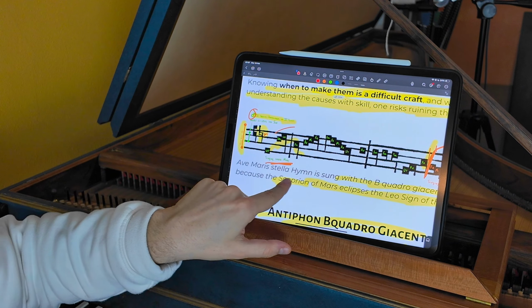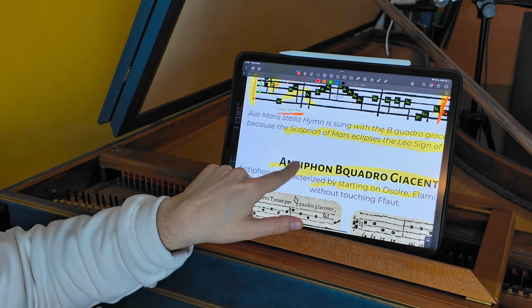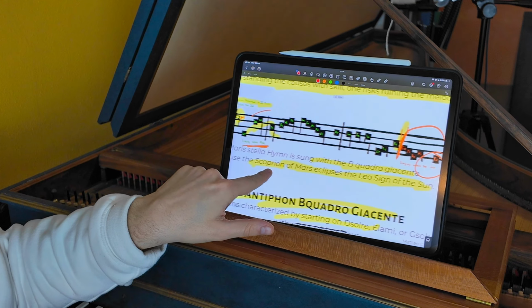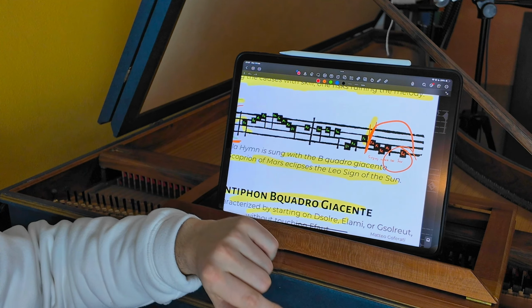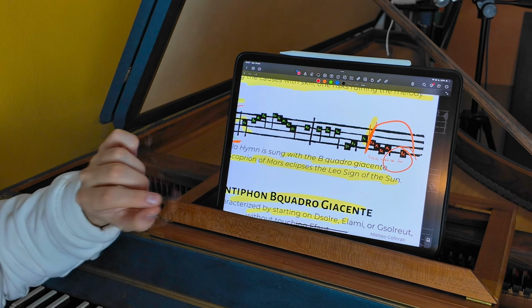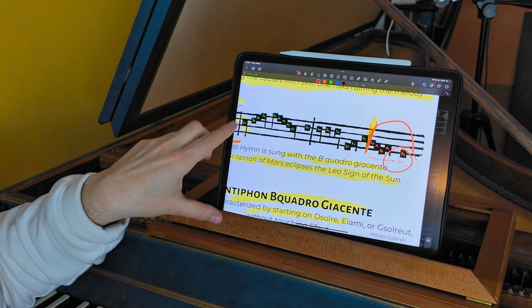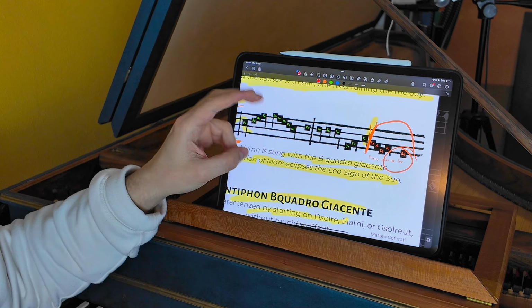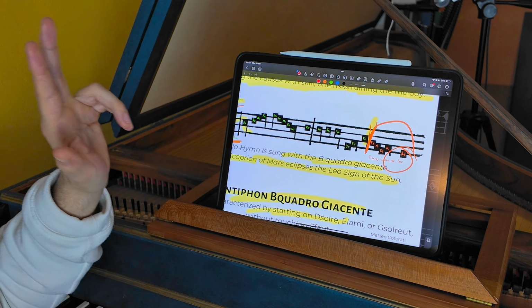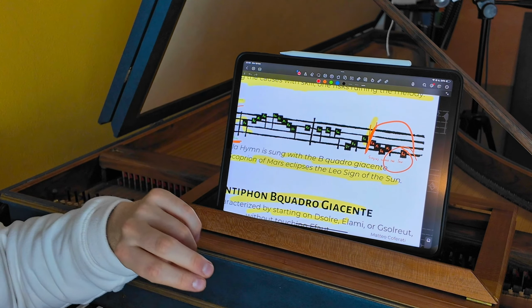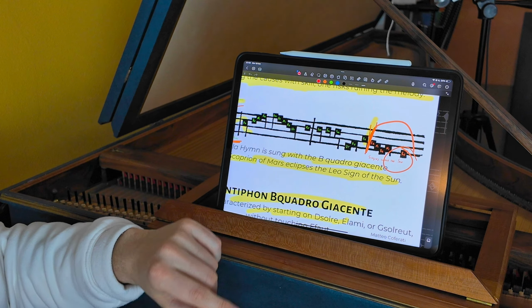And so Ave Maris Stella is sung with the Bquadro Giacente because the Scorpion of Mars eclipses the Leo sign of the Sun. Remember that each tonus corresponds to a specific planet: the primus tonus is the Sun, the secundus tonus is the Moon, the third tonus is Mars, and the quartus tonus is Venus.